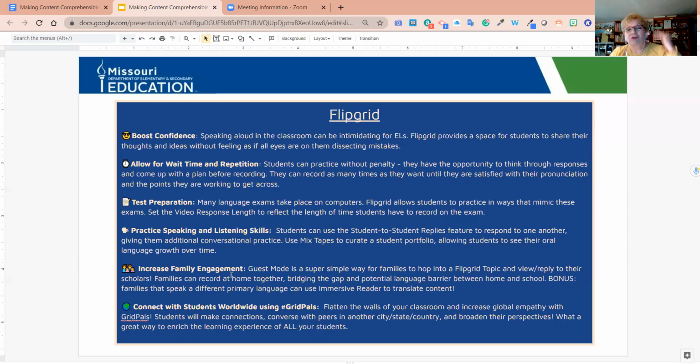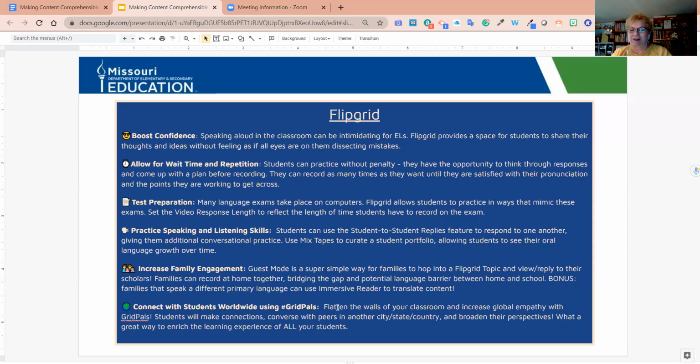You can actually get your family involved in it. So you can share it with families and they can respond to them, or they can just look at what the students have been doing to give them an idea of the students' progress. I kept a file of my students' flipgrids over time so we could see how they progressed at the end of the year.